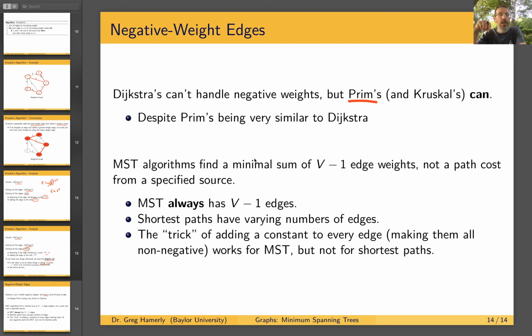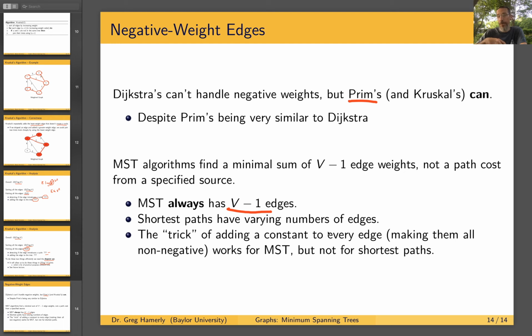There's always V minus 1 edges because we have to connect all V vertices, and we can't have a cycle. So that's what we say here. An MST always has V minus 1 edges, and when we're talking about shortest paths, the shortest path between two vertices could have 1 edge or 10 edges or 100 edges. It has a varying number of edges.